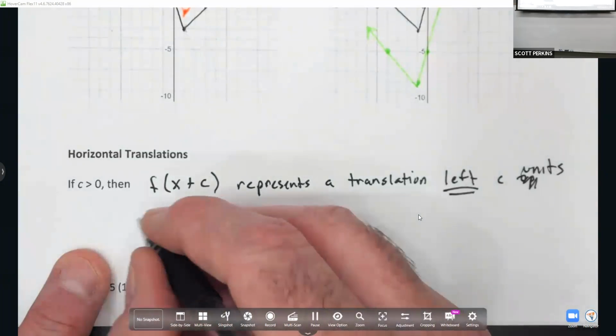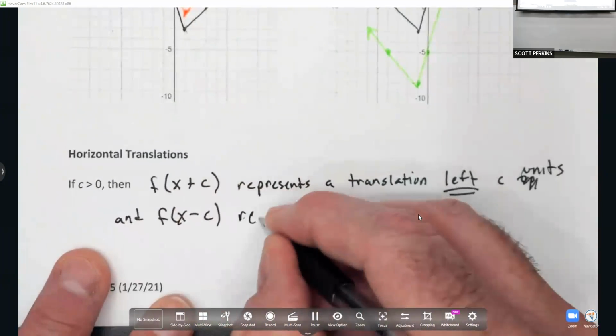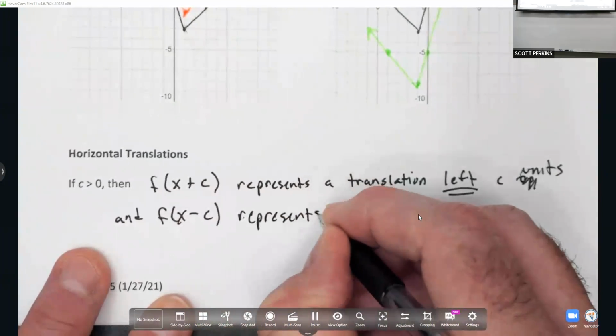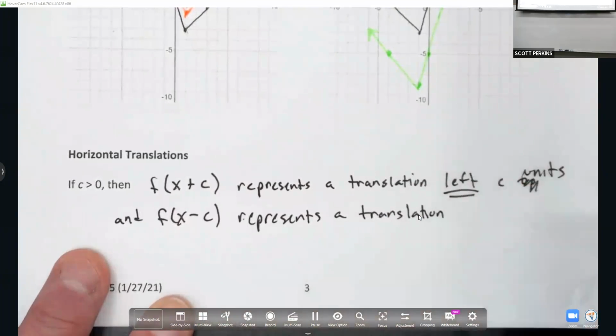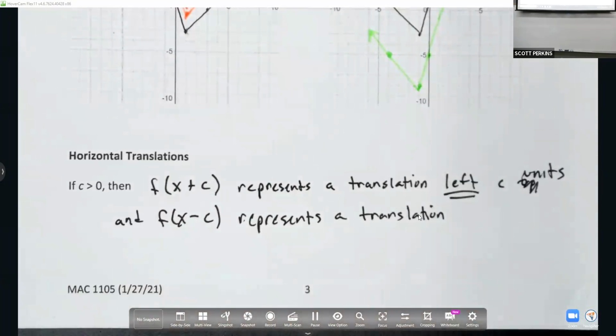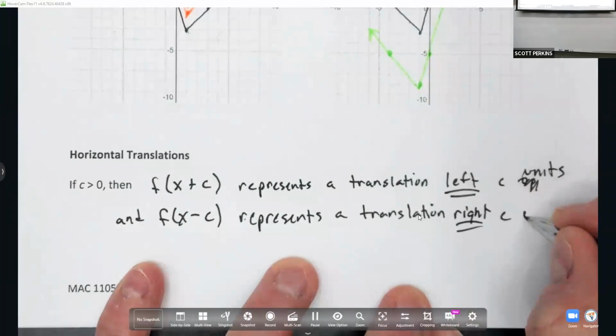So the same thing, f of x minus c represents a translation right c units. So minus c, again, you think automatically negative direction, but no, this time we're going to go right c units.